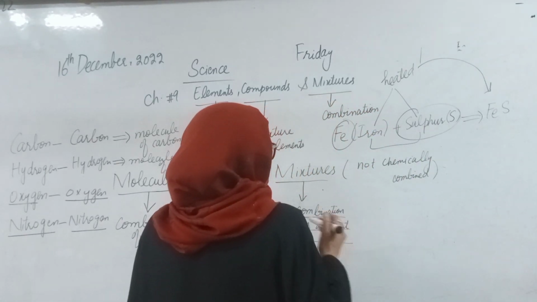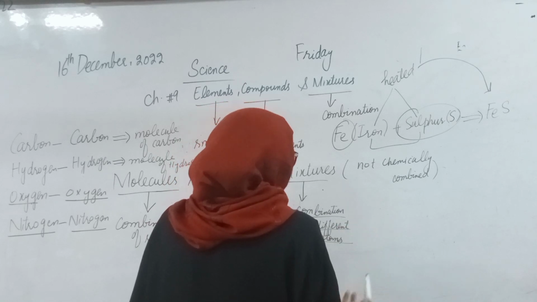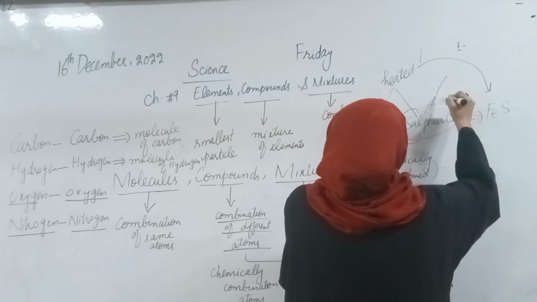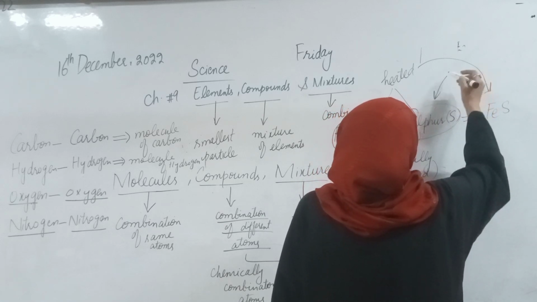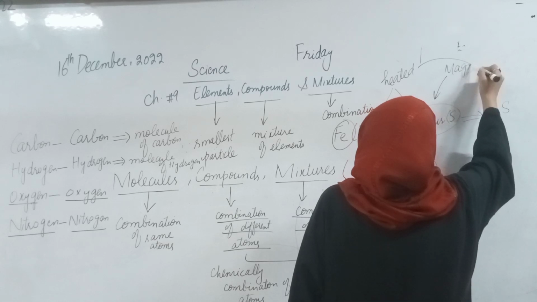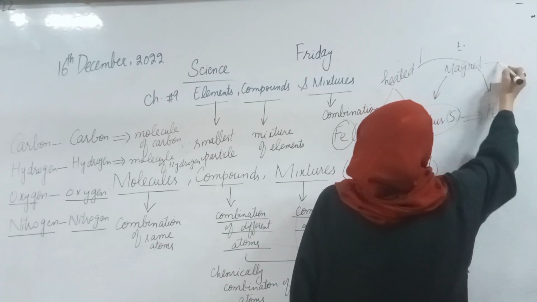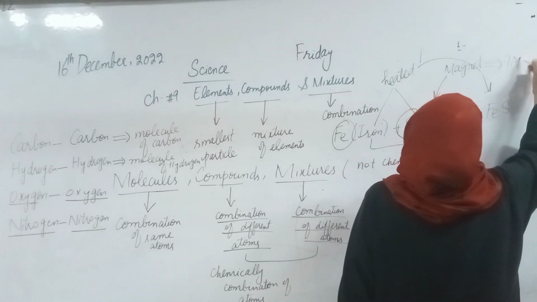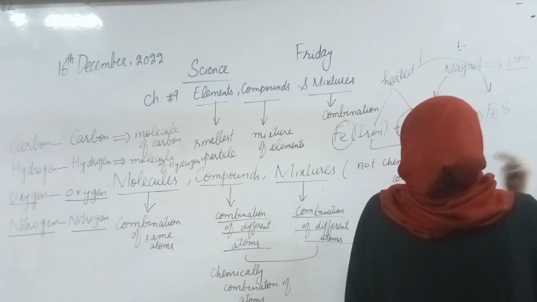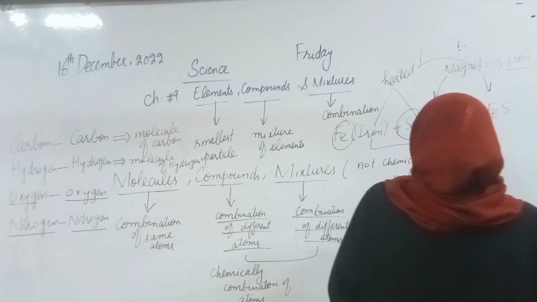Mixtures can be easily separated, because when we place a magnet in front of the mixture of iron and sulfur, the magnet will attract the iron and the sulfur will be separated in this manner. Okay?